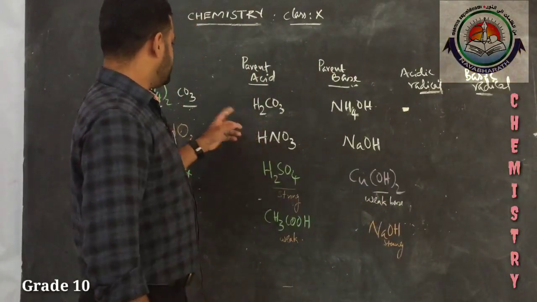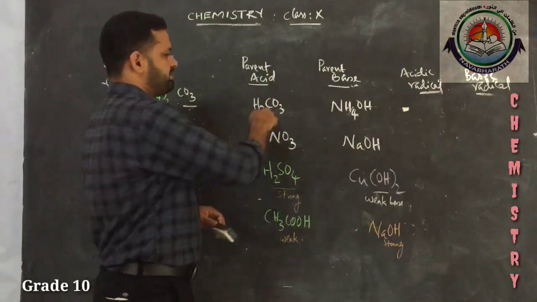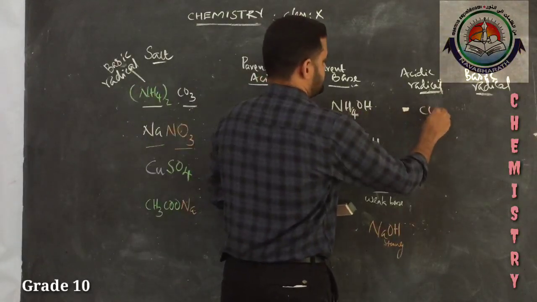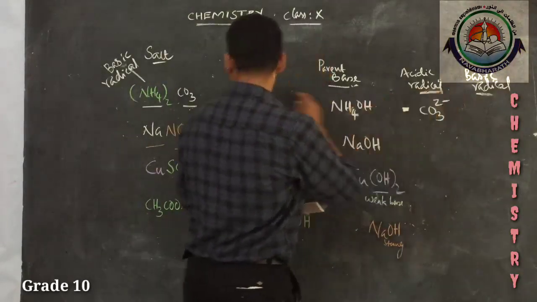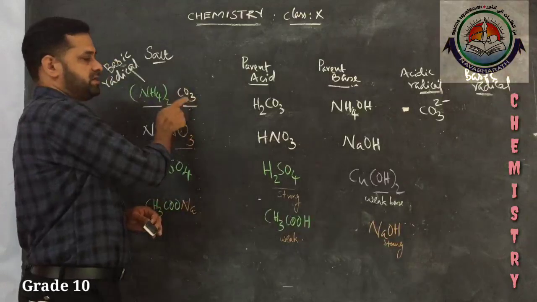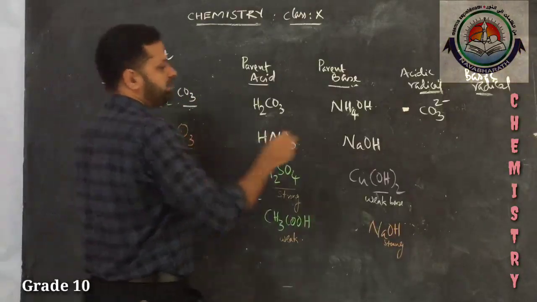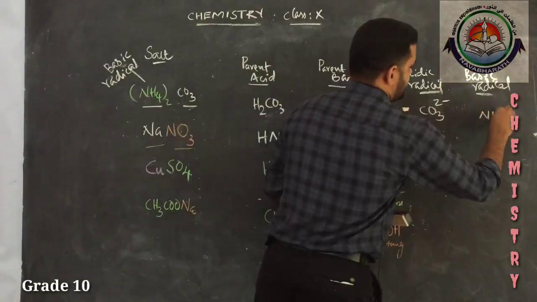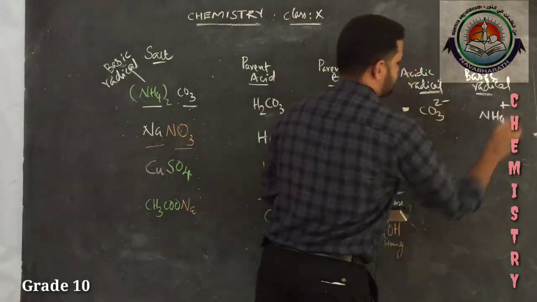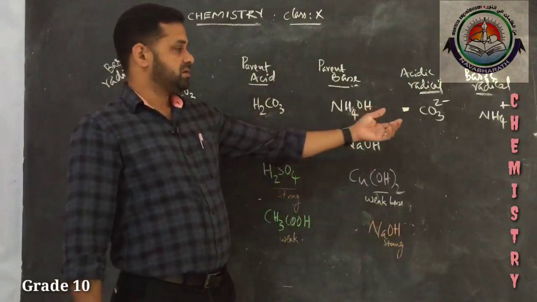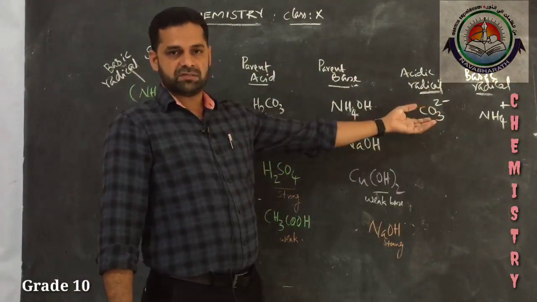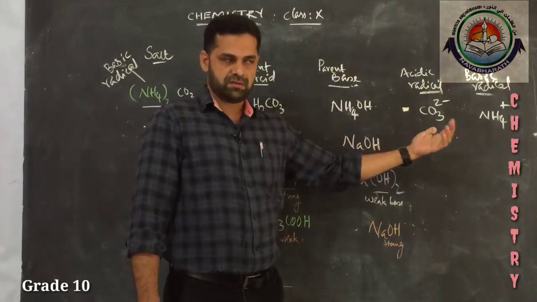Here, in this case, which is the acidic radical? The acidic radical is CO3 2 minus, and the ammonium ion NH4 plus is the basic radical. You should know the charges, their valencies, that you have studied in 9th standard.